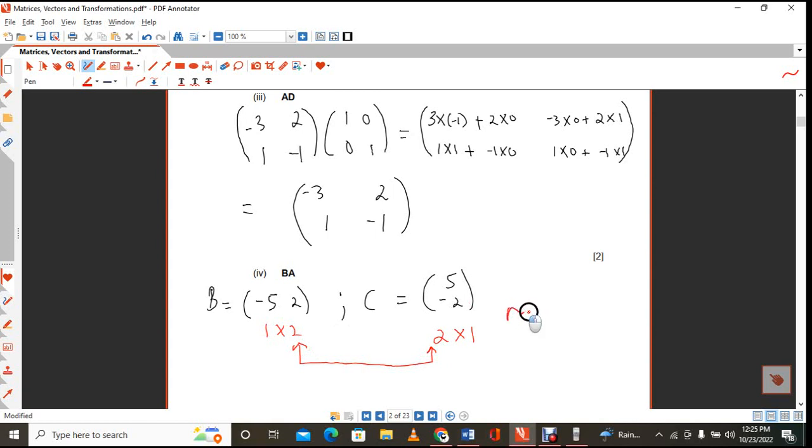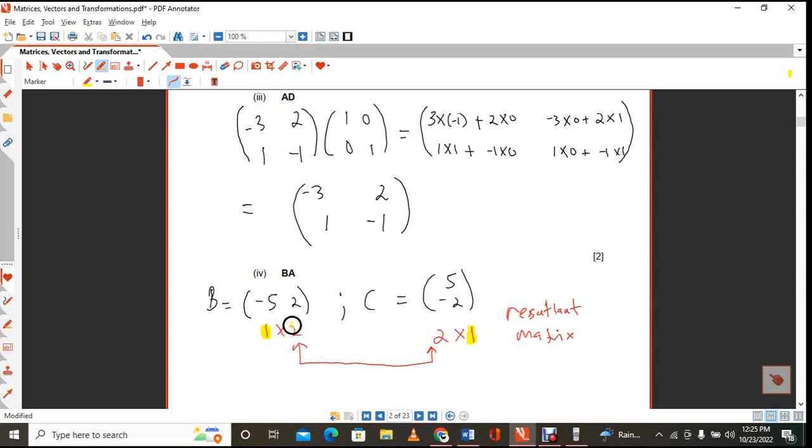So the resultant matrix, what I'm expecting to get, if you look at the ones on the outside, it's going to be nothing but a 1 by 1 matrix. Okay, so let me just make sure we get that. So this is a 1 by 2 matrix.